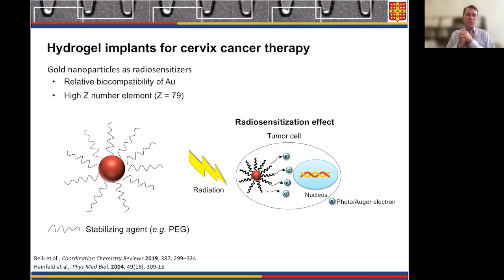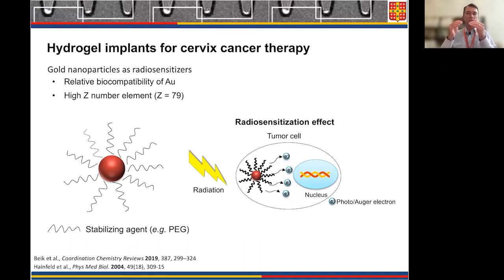So the strategy here is to use rather mid-low energy photons, such as those produced by brachytherapy seeds, iodine-125 and palladium-103. These low energy photons interact very, very efficiently with gold nanoparticles. And then you also need to administer the gold nanoparticles where the cancer is.